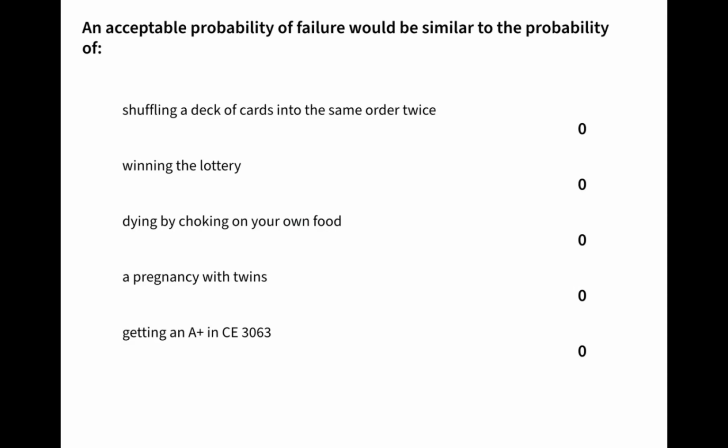What is an acceptable probability in terms of comparing it to any of these 5 things? What is an acceptable probability that we're going to accept that a column might collapse, resulting in a building falling down and killing the person inside? I'm going to just check to make sure that it's actually active here, so give me 1 second, but that'll give you a few seconds to think about it before submitting an answer.